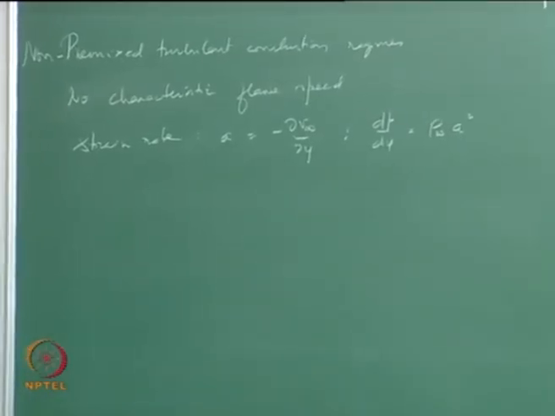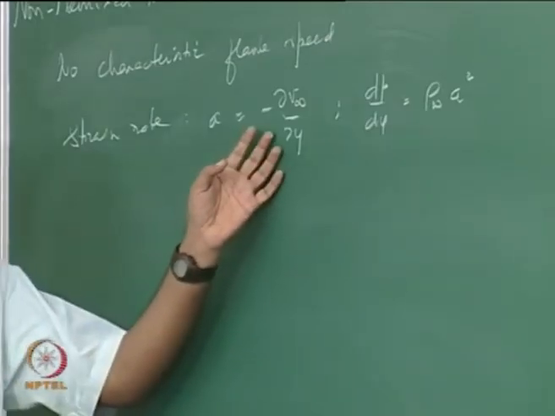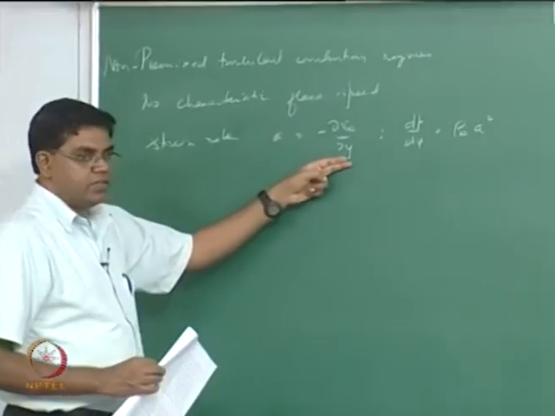strain rate. And so if you now have a strain rate, then the strain rate actually has dimensions of 1 over time. Okay, so this is meters per second, this is meters, right?